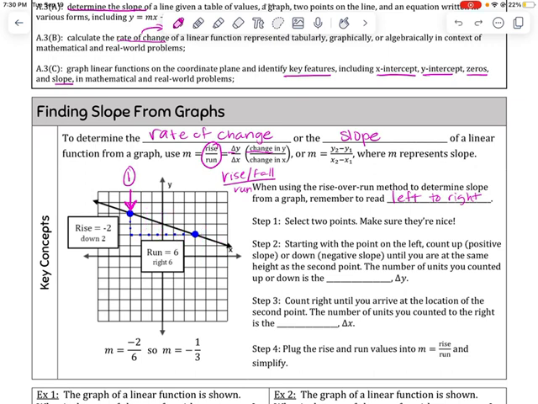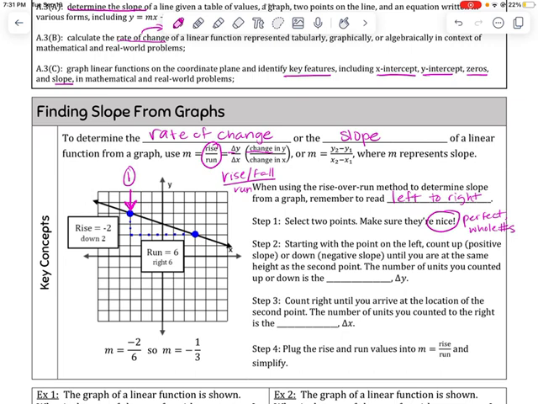Okay. Select 2 points. That's step 1. Make sure they're nice. When we say nice, all that really means is a good, perfect point. You've got whole numbers or numbers that are on a graph. Clearly defined. Now, I've got to start with the point on the left, right, left to right.